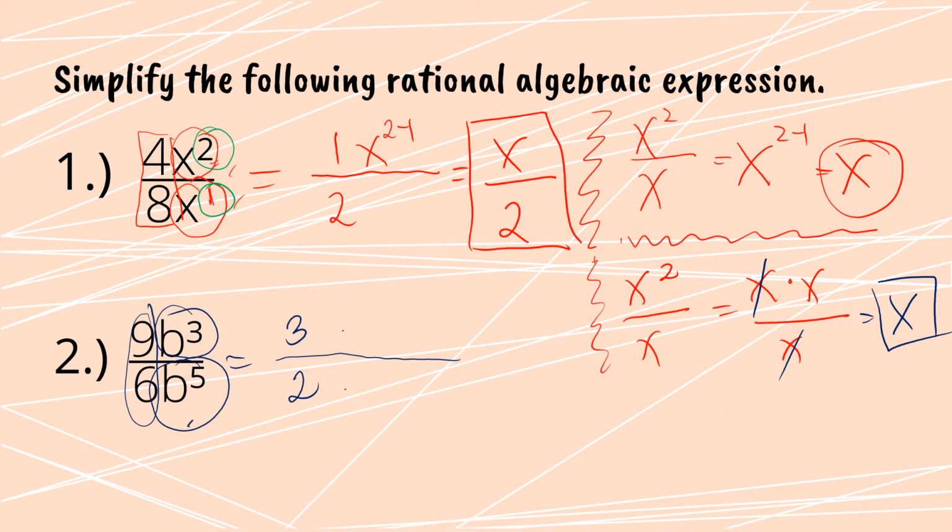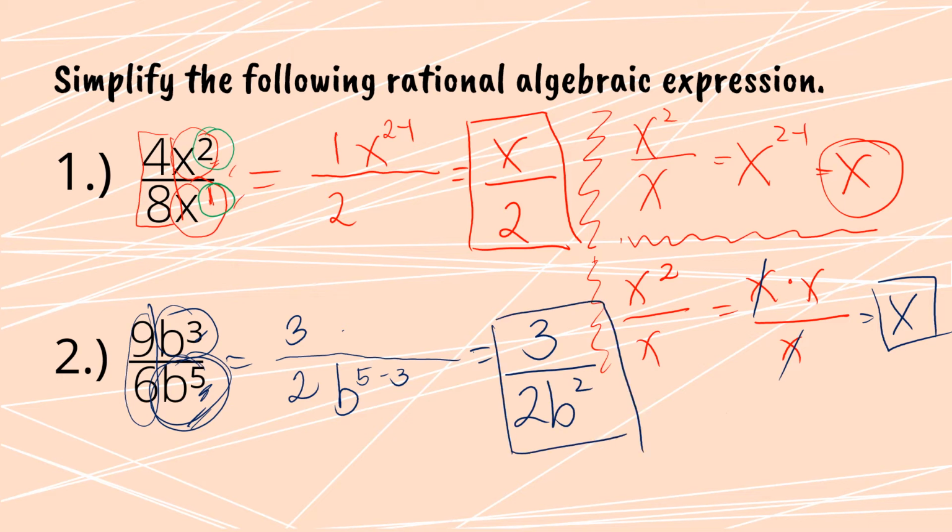Okay, so in this case, sa denominator, no? Kasi mas mataas si 5 kaysa kay 3. So, we have b, tapos subtract ng exponent. So, that will be b raised to 5 minus 3. So, let's now simplify. So, we have 3 over 2b squared. And that will be our final answer.